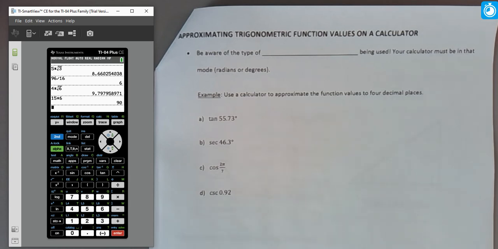In other words, we can draw a right triangle and label it based on how the side lengths relate to the particular angle in question. That's not always going to be the case. Sometimes we know the side lengths instead of the angle. Sometimes we know the angle instead of the side lengths.